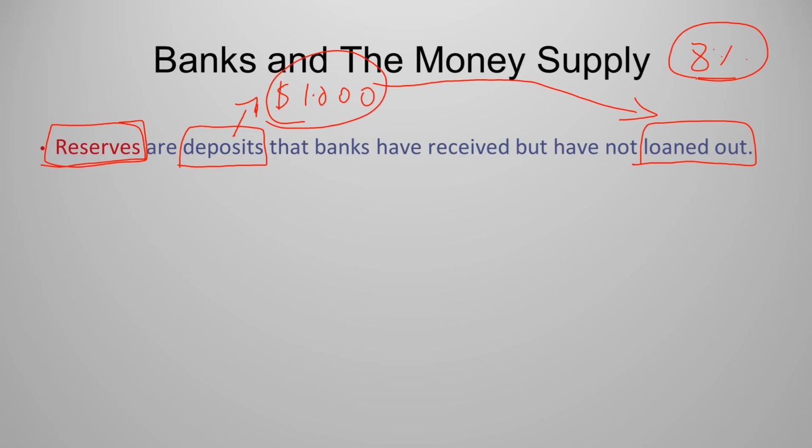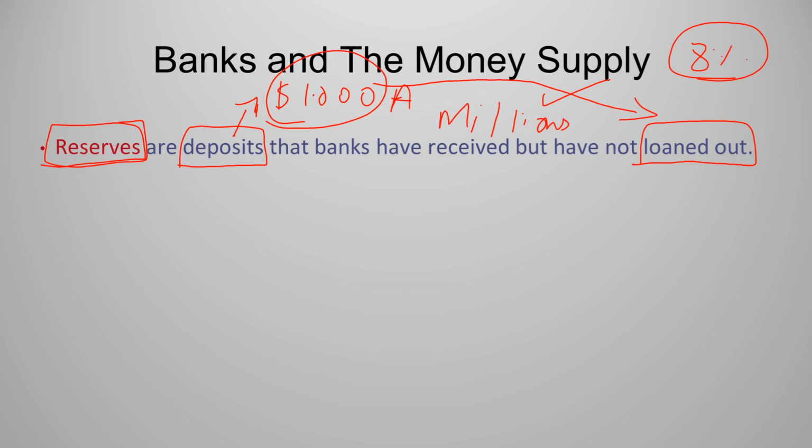But the problem is, if the banks give out all of their deposits, for example, this $1,000 is by person A, and the bank has thousands of customers, and when you add deposits of all of those customers, the bank might have deposits in millions. It would be profitable for banks to give out all of that money in the form of loans.